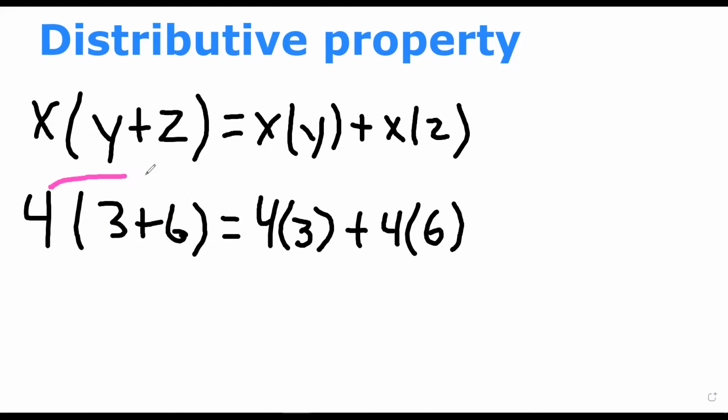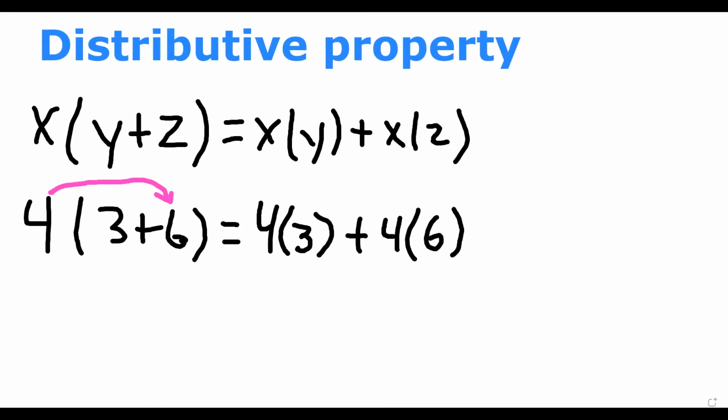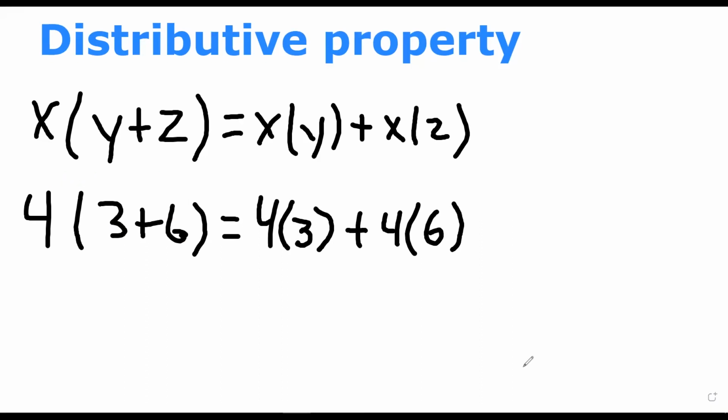So let's draw an arrow to show us what that looks like. We would have 4 times 3, and then we would have 4 times 6. And that's the same thing that we have over here. And that's what the distributive property tells us.